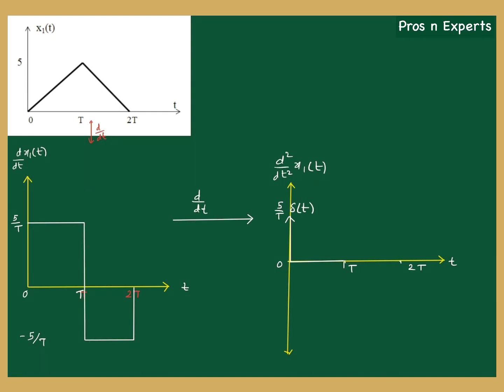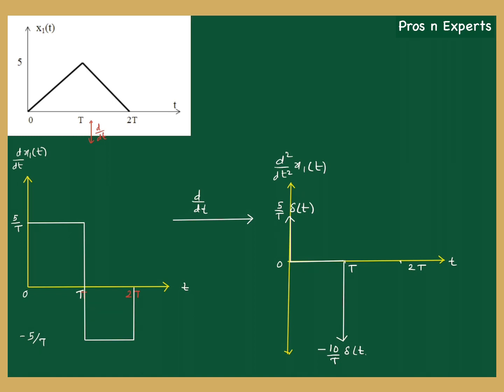So the impulse will be negative, and the strength of the impulse is minus 10 by t into del of t at t equal to t. I'm stressing minus 10 by t.